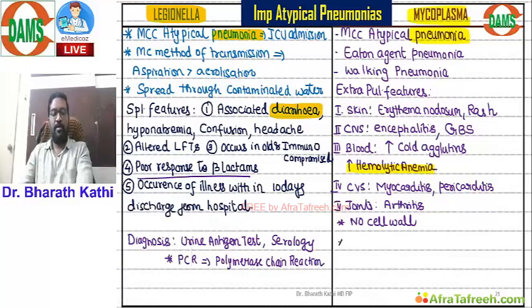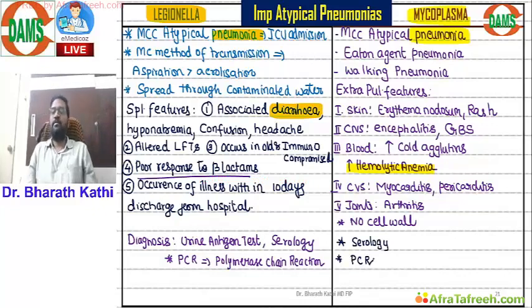Whereas for Mycoplasma diagnosis, we rely on serology, antibodies against the organism, and if available, we can go for PCR. So samples from the respiratory tract: you can take a throat swab, nasal swab, you can send even sputum if there is production. So Legionella, Mycoplasma, these are the investigations available for usual diagnosis.